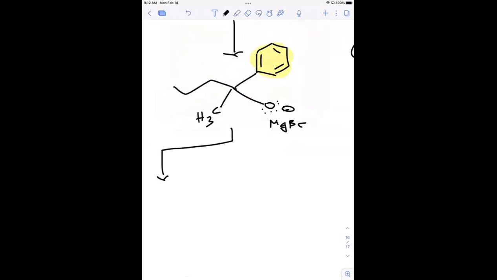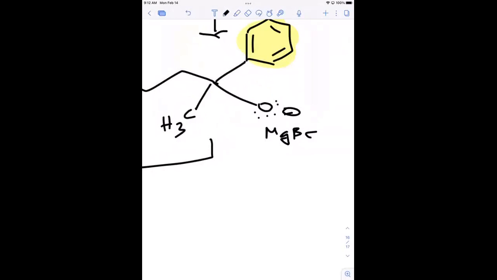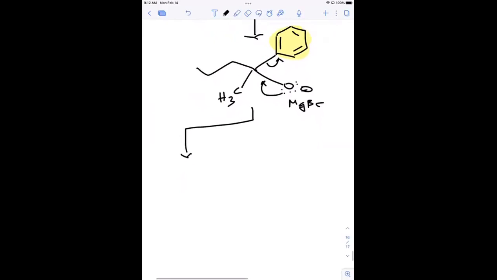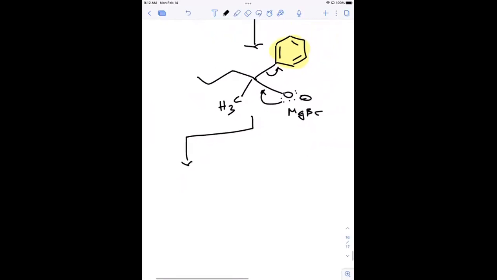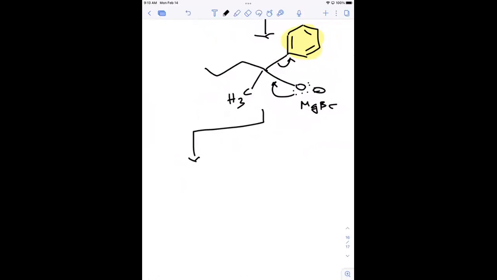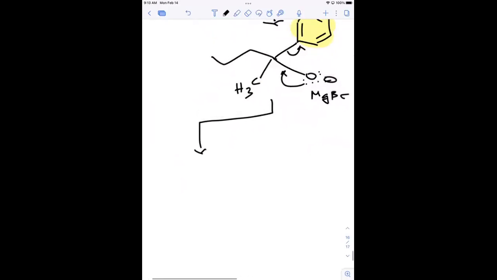What you do is elimination, to form the pi bond between the carbon and the oxygen, and then break that bond between the carbon on the ring and the central carbon. Anytime you go from the intermediate to the two pieces that came together to make it, it will be an elimination. So you put the pi bond back in, and then you kick off the aromatic ring. So you'll be left with this ketone.